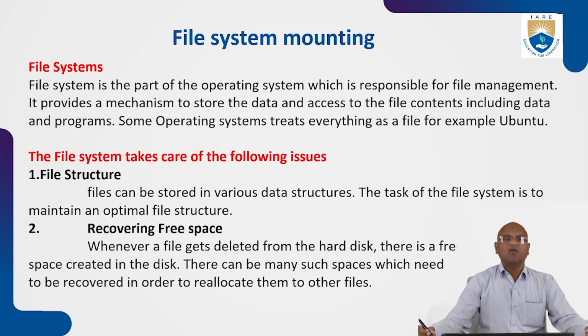How we can save programs in the hard disk and how efficiently we can retrieve the data from the hard disk is the main purpose of the file system. The file structure: files can be stored in various data structures. The task of the file system is to maintain an optimal file structure.